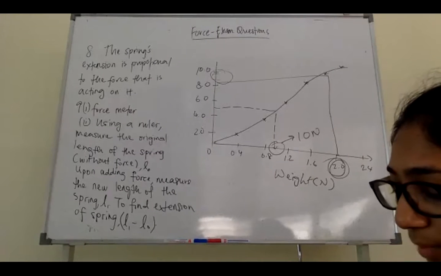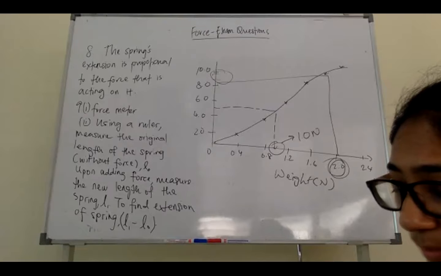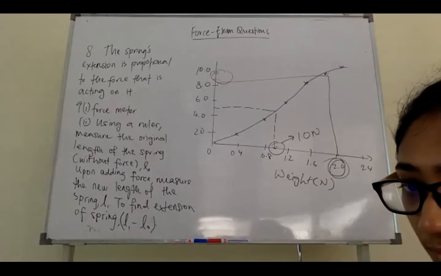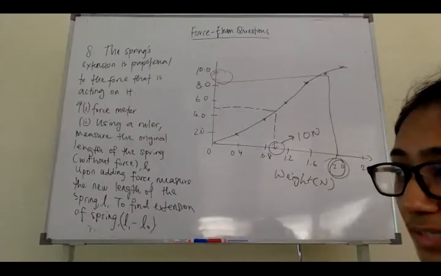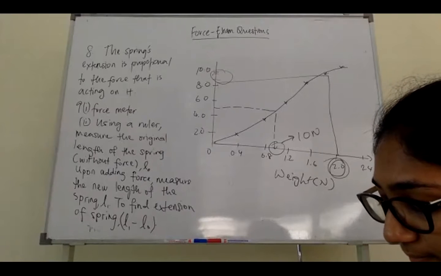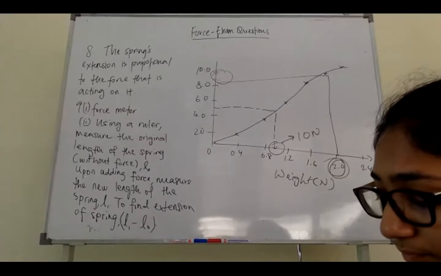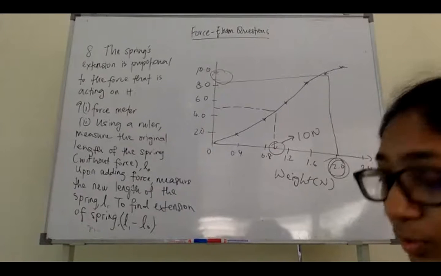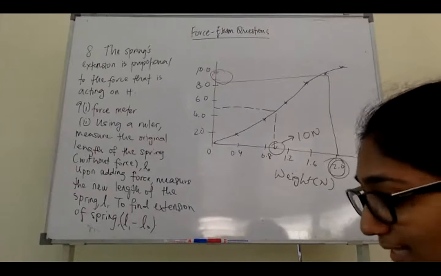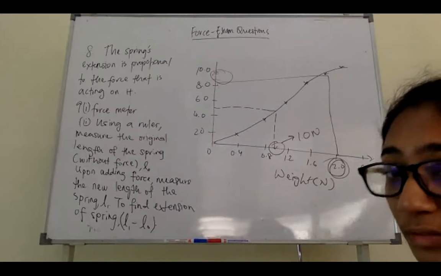Okay, for the first one, when there's no force, what will the extension be? 31. No, extension. How much would it have extended? 31 cm, because there is no extension, right? No, zero extension. So they're asking for extension, not the length of the spring.